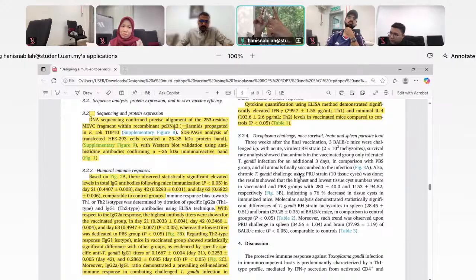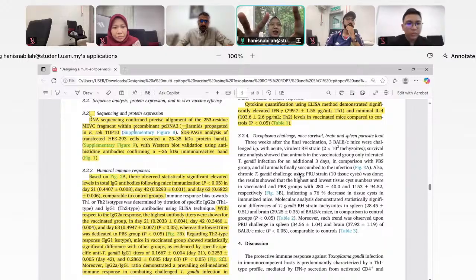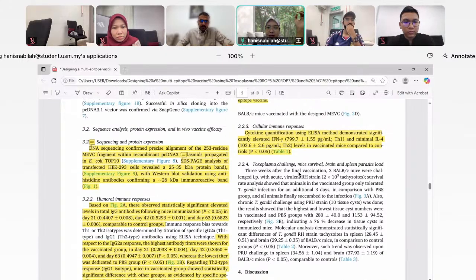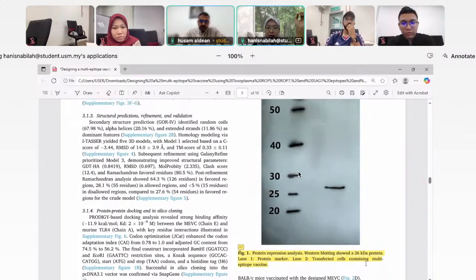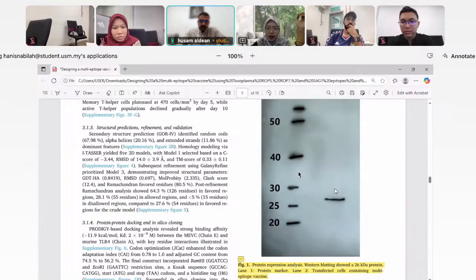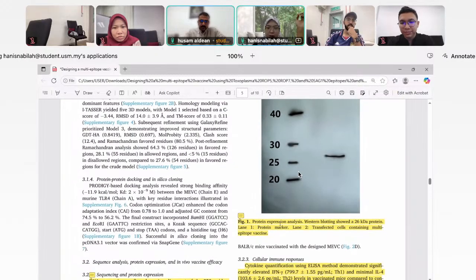The DNA sequencing result is a 250 residue fragment within the recombinant DNA. And the Western blot showed a 26 kDa protein. This is the protein.